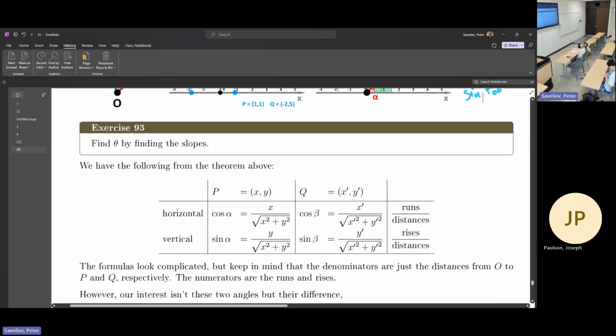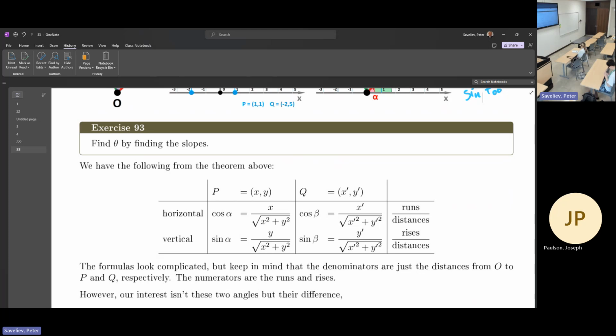Keep in mind that indeed the denominators look complicated, but it's nothing but the distance formula. Our point happens to be either x, y or x prime, y prime, and we're measuring the distance from the origin. That's where the denominator comes from. It's the Pythagorean theorem.